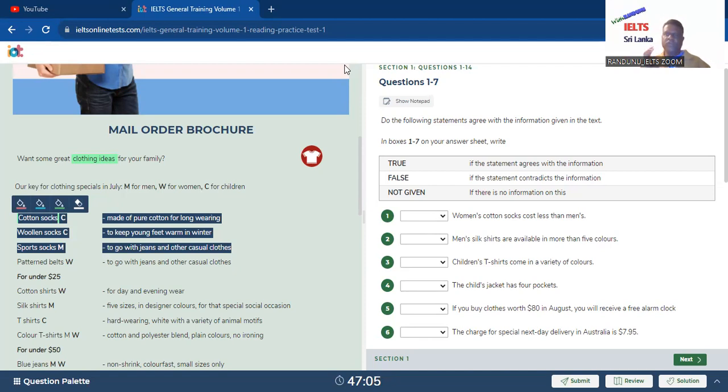Is it true, false, or not given? You can type TFN, that I can also understand.